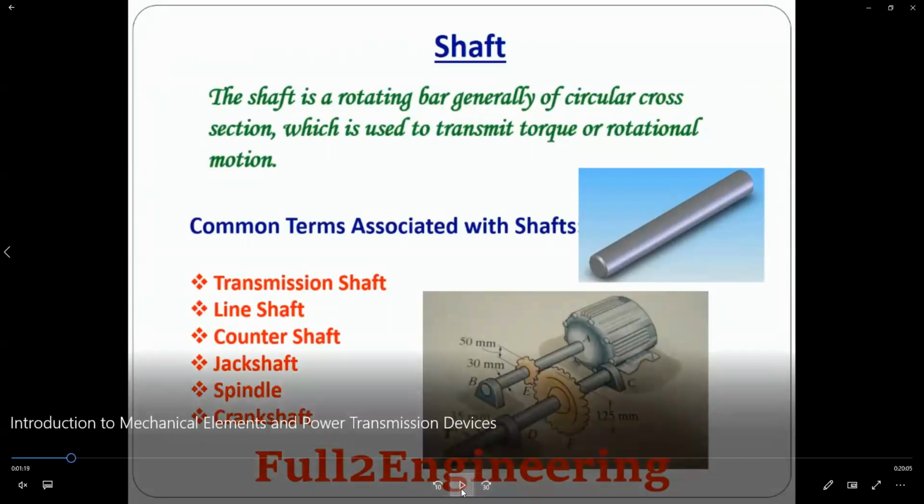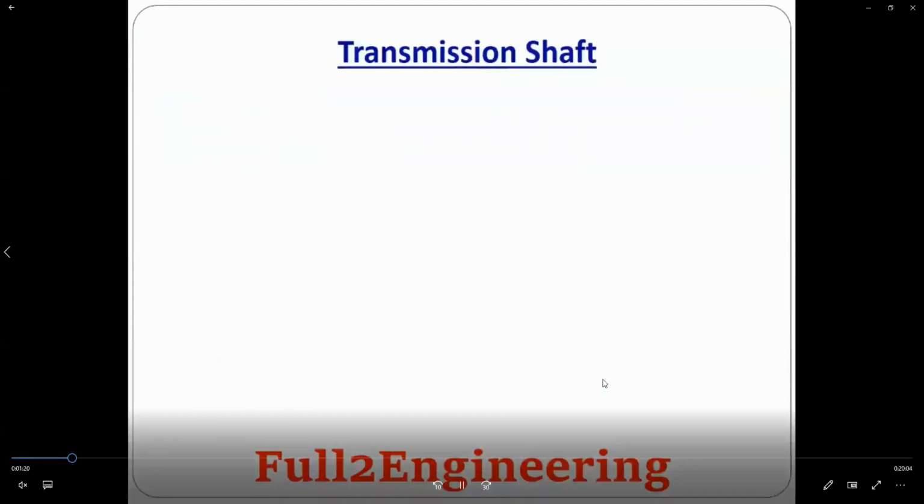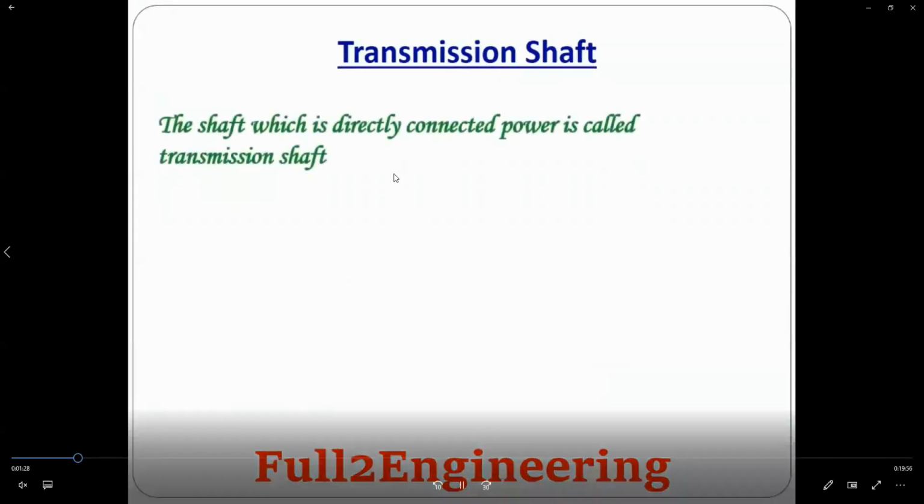Example. This one is a motor. You connect the motor, and the rotation will transfer the power to another gear and then transfer the power. Transmission of shaft is directly connecting power between two parts.